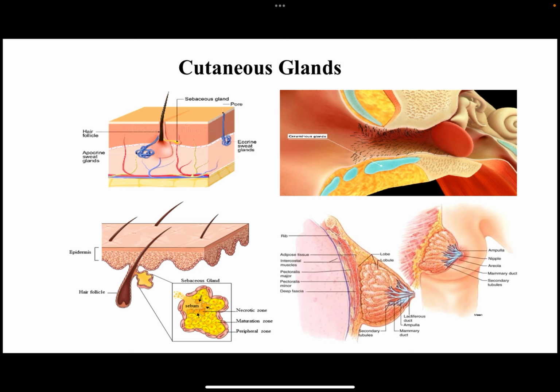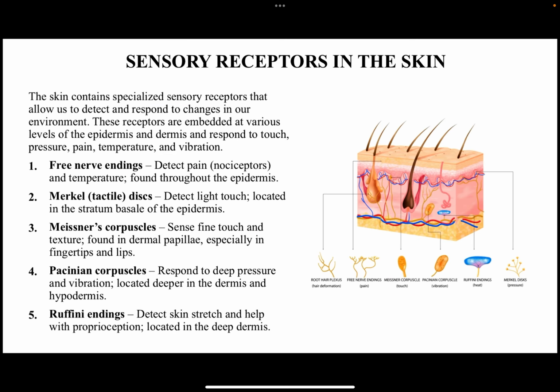Then lastly, we have the nerve supply. So the sensory receptors in the skin, like I was saying, are the free nerve endings, the Merkel or tactile disc, the Meissner's corpuscle, the Pacini corpuscles, and the Ruffini endings.